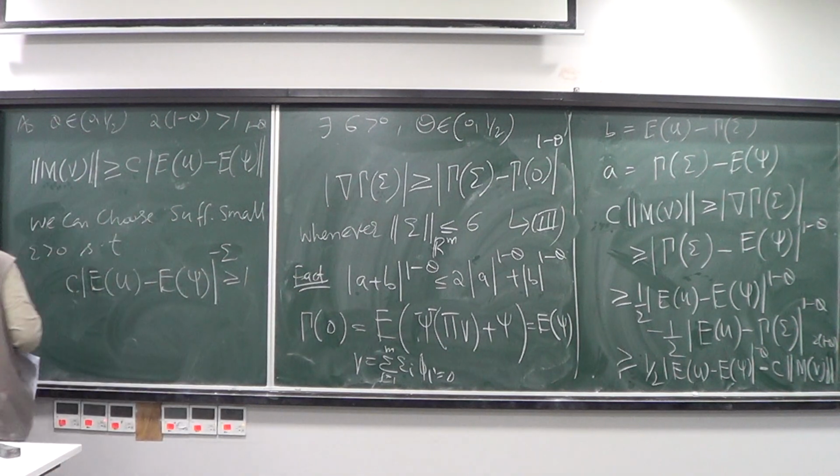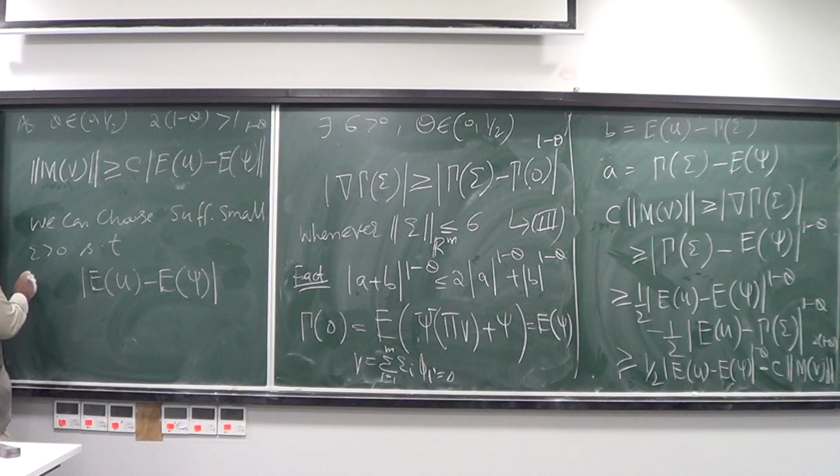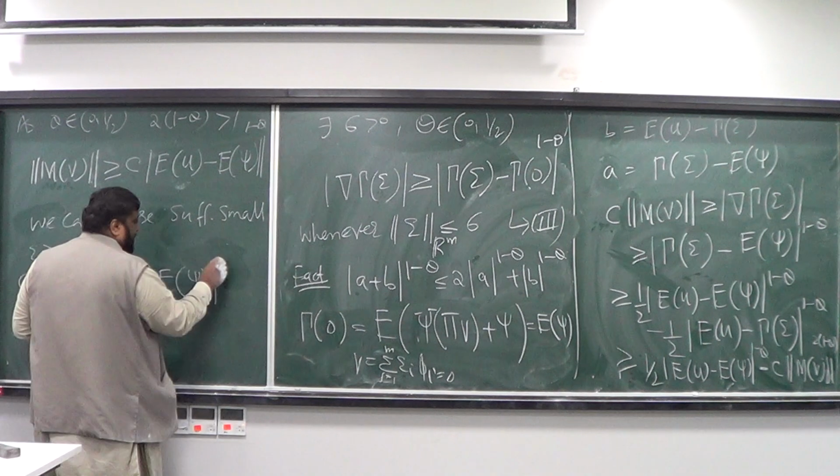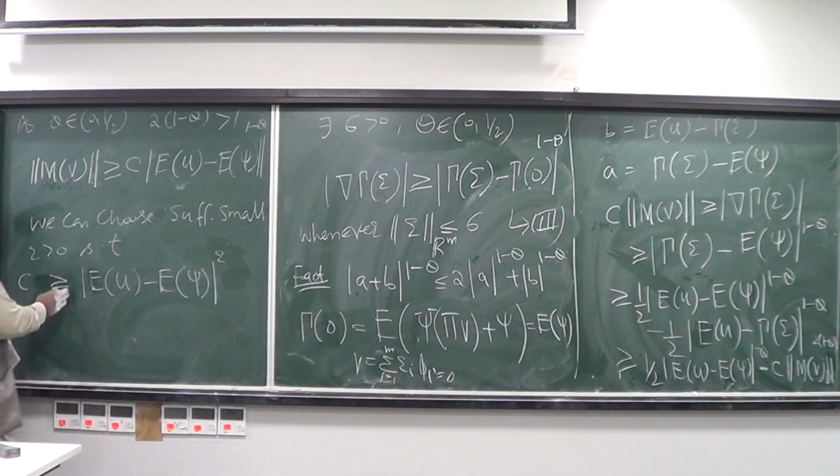In other words, I can choose a sufficiently small epsilon for which this power epsilon is less than or equal to the constant c.